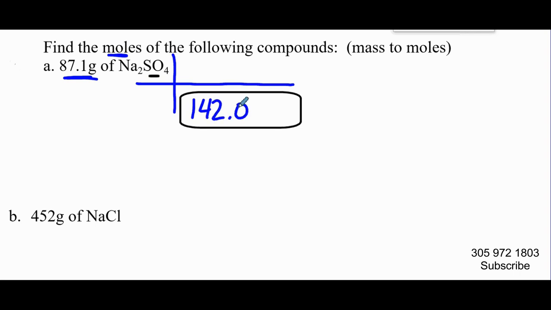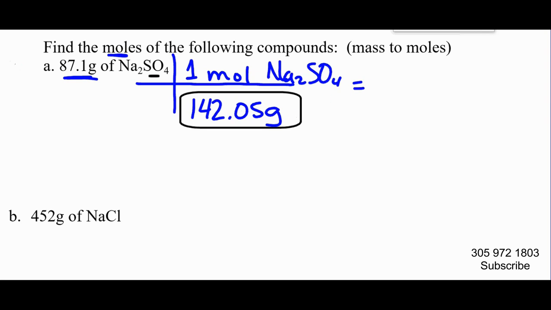0.05, sorry, grams. On top, I have 1 mole because I am looking for moles. 1 mole of the compound, which is Na2SO4. What I get is 87.1 times 1, it makes no difference, divided by 142.05.